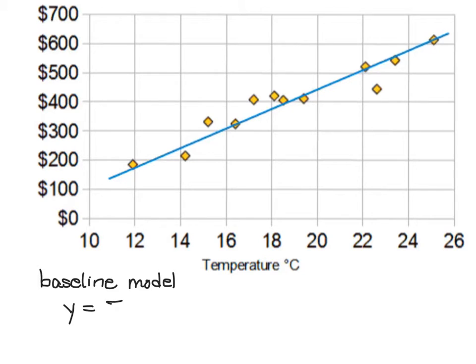So if we sum up each one of our heights, y, for each observation, from i equals 1 to n, the number of values, and we divide that by the number of values, we're going to get the average y value.